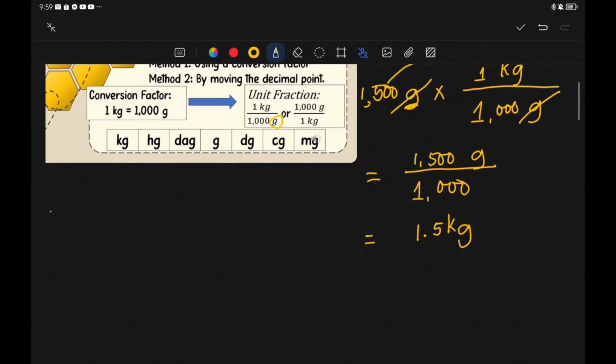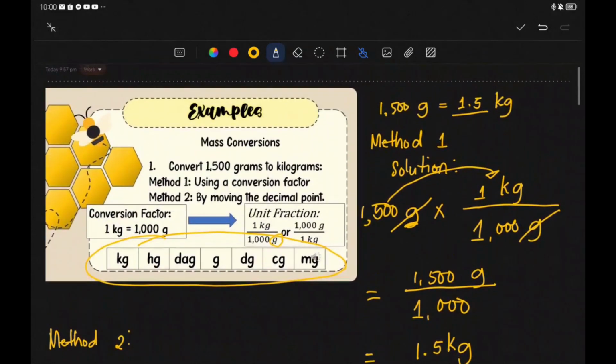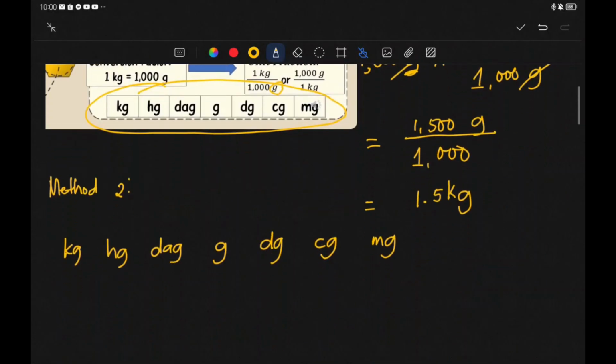Now, for method 2, we are going to use this table. We have here kilogram, hectogram, decagram, gram, decigram, centigram, and milligram. Now, the given is 1,500 grams. So, it is here.